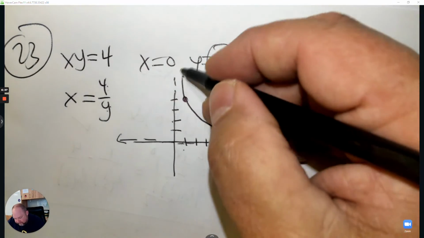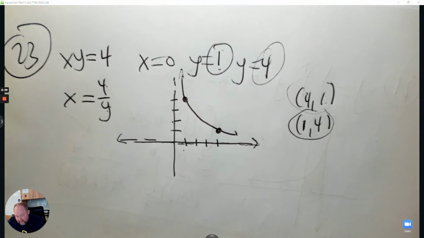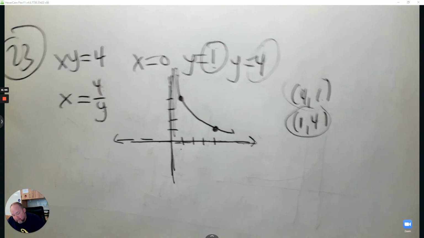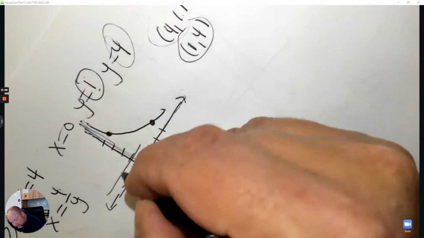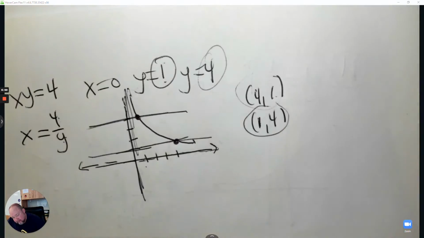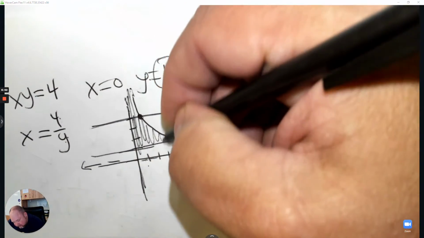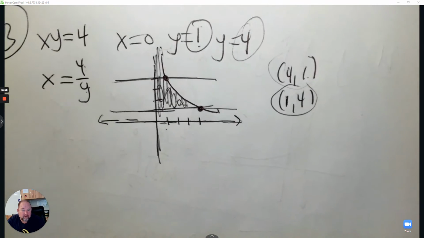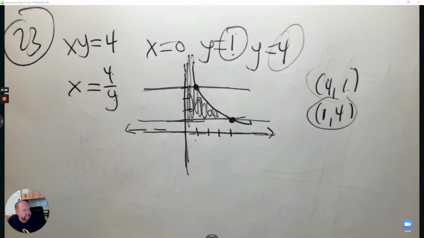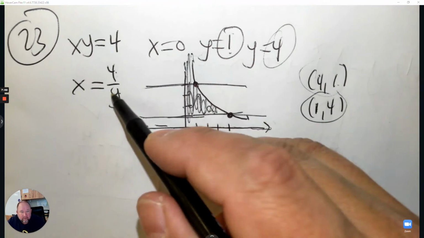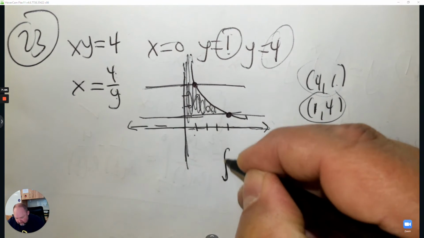And it's from x equals 0, y equals 1, and y equals 4. So this is it right here. All right, we're going to probably use the shell method, maybe? No. Because it's easy to do in terms of y, I can just do it the easier way.